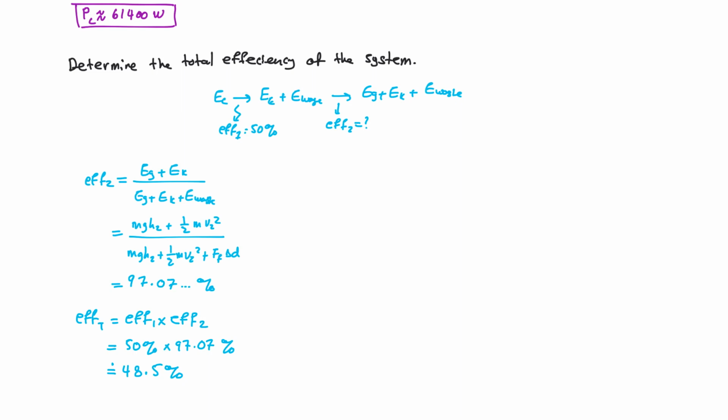The other method of solving this is dividing the total useful work, which is EG plus EK, by EC, which is the chemical energy. And we have all those values, so we can go ahead and do this. So efficiency total, this is method 2, is going to equal EG plus EK, and we're going to divide that by EC.